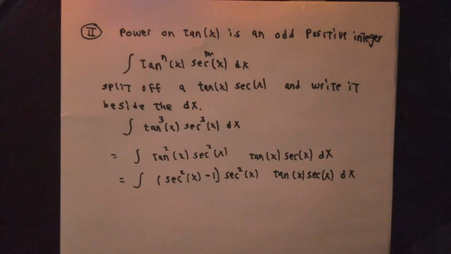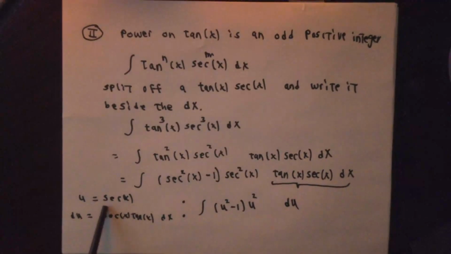My integral now is the integral of some stuff that only has secant of x in it, tangent x secant x dx, and since the derivative of secant is tangent secant, I should be able to do this with a u substitution.